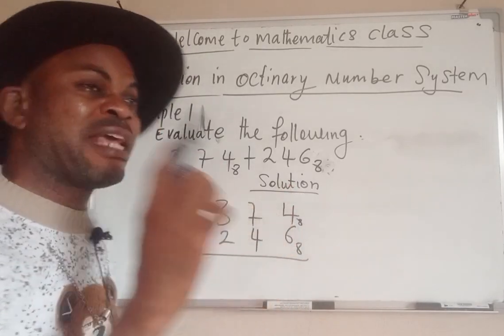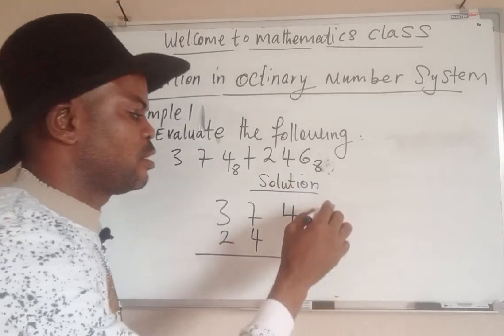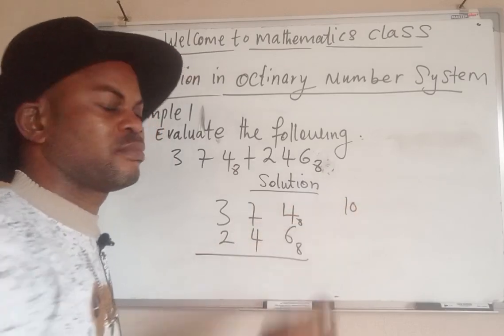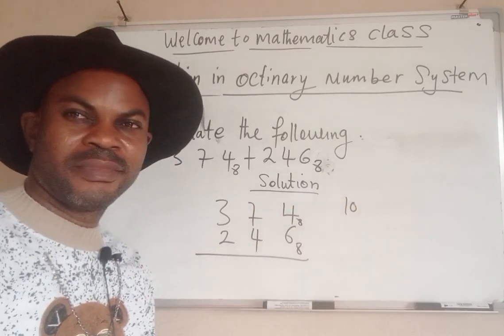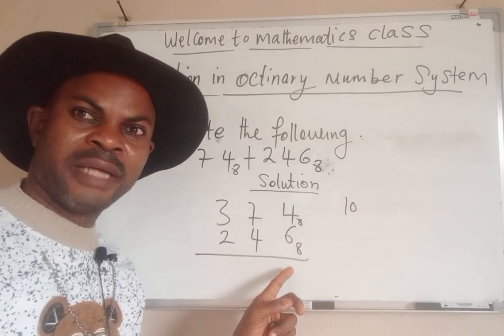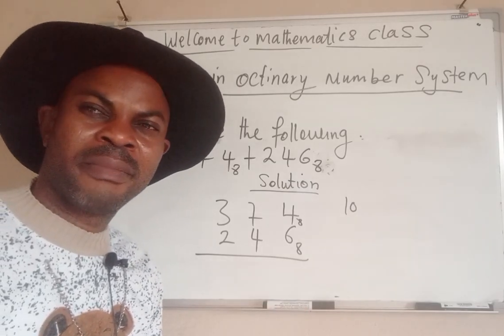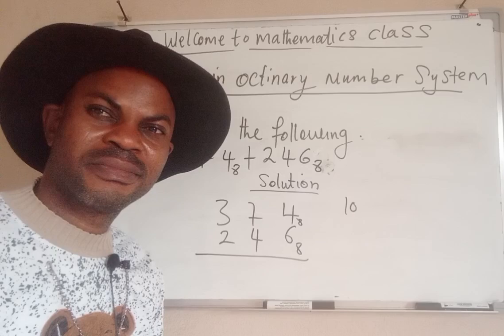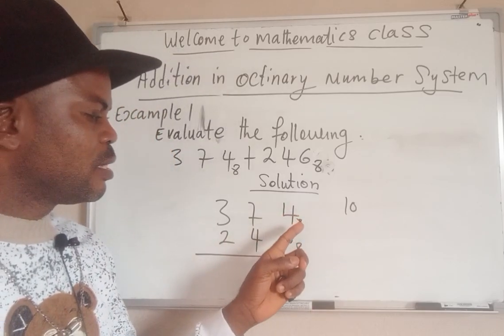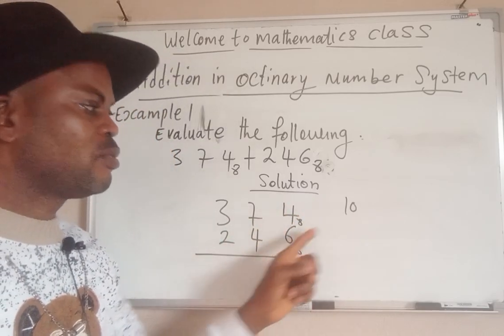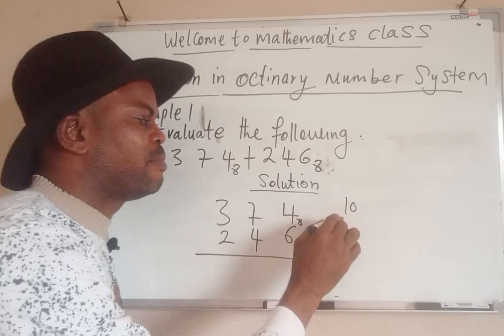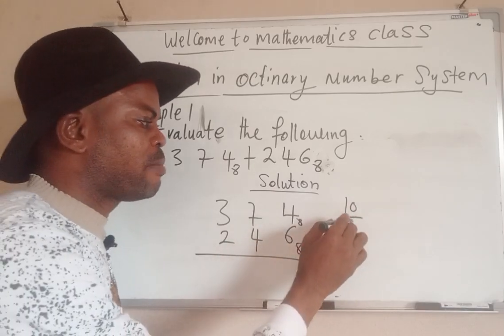So what happens? 4 plus 6, like you have in base 10, is 10. Do we bring down a 10 here or write 0 down? No. Entirely a different ball game because we are not dealing with base 10. So when we add, step 1, add this and this, you have 10. Now you divide by the base. You're dealing with base 8, divide by the base.